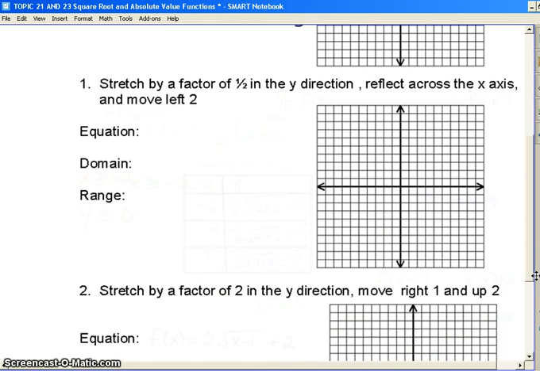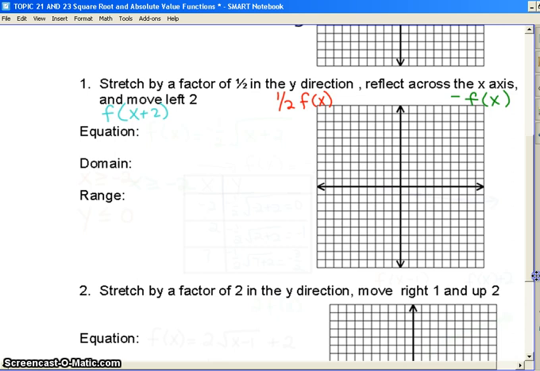Number 1, stretch by a factor of 1/2 in the y direction. This means you're going to multiply the function by 1/2. Reflect across the x-axis. This means negative 1 times the function, and move left 2, x plus 2. Put those three descriptions together to write your function.